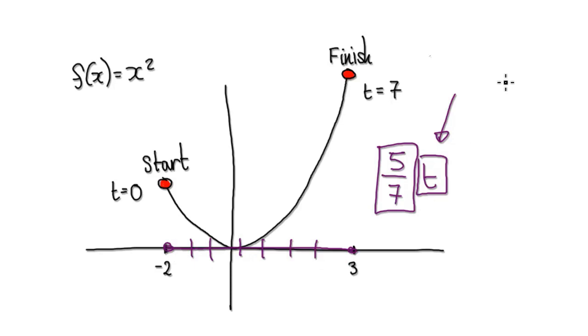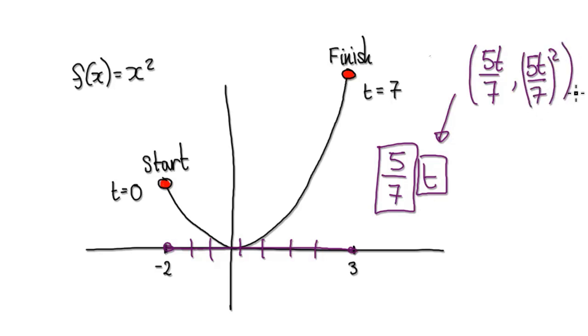So by adding this, this t gets multiplied to the top. By adding this thing here, comma, and then 5t over 7 squared, this should almost get us there.